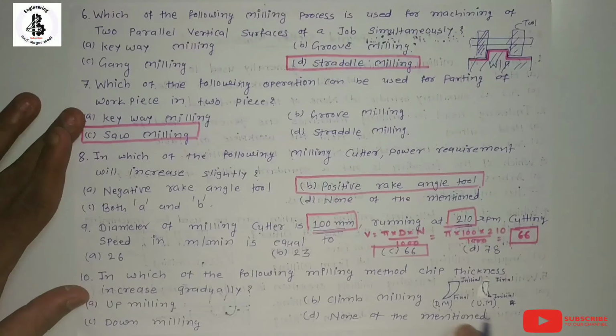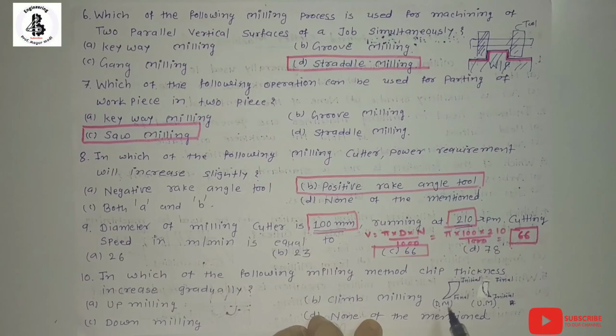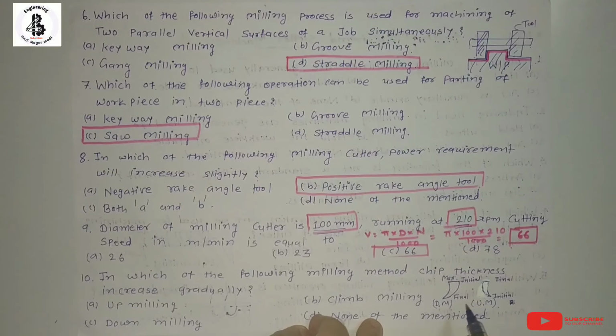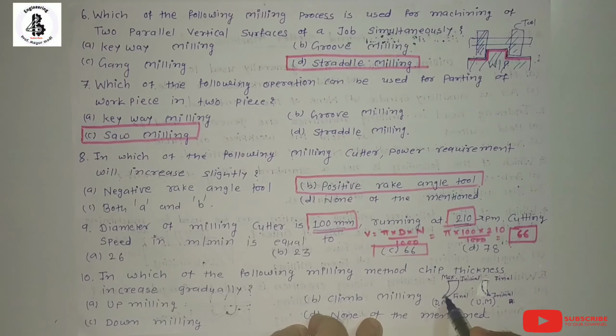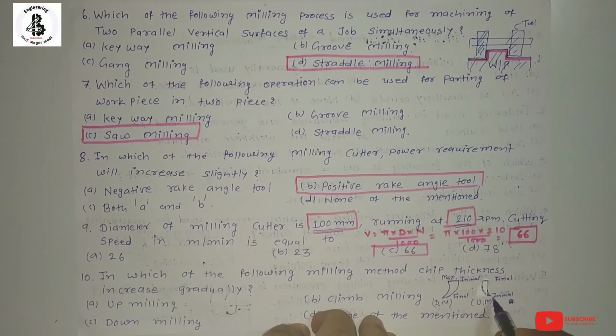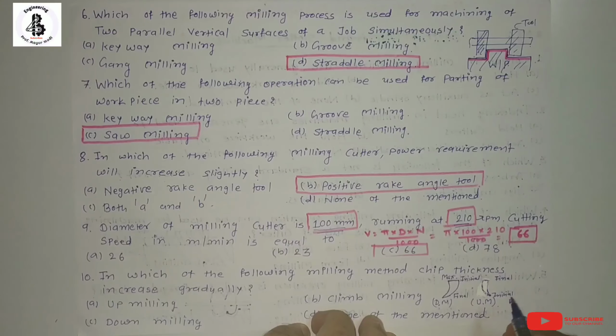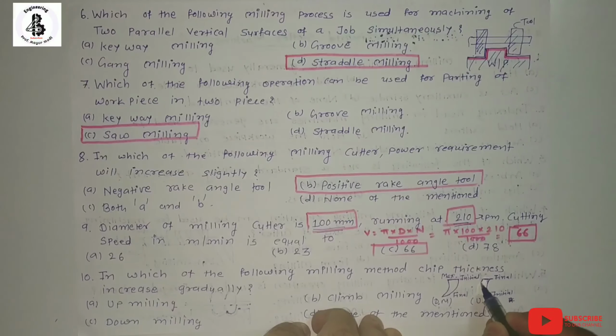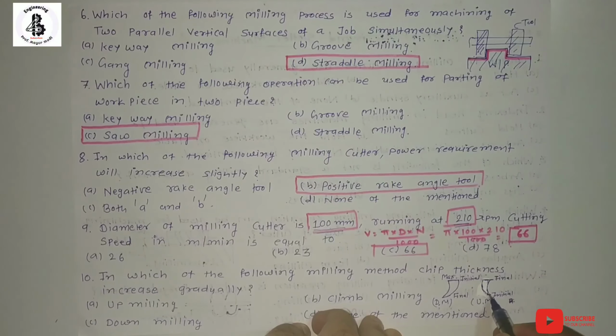So just you can see, for the down milling process, initially the maximum chip is being removed, and gradually it decreases toward the final stage. But for the up milling process, initially it will be the minimum, but at the final it will be the maximum chip being removed.